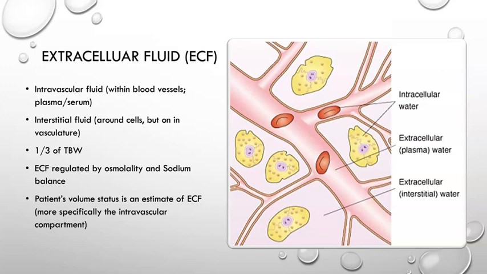Colloid osmotic pressure and hydrostatic pressure represent the pull and push required to maintain balance between the interstitial space and intravascular space. Clinically, we can assess how much fluid is in these spaces, and when we talk about a patient's volume status, we are referring to the extracellular fluid.